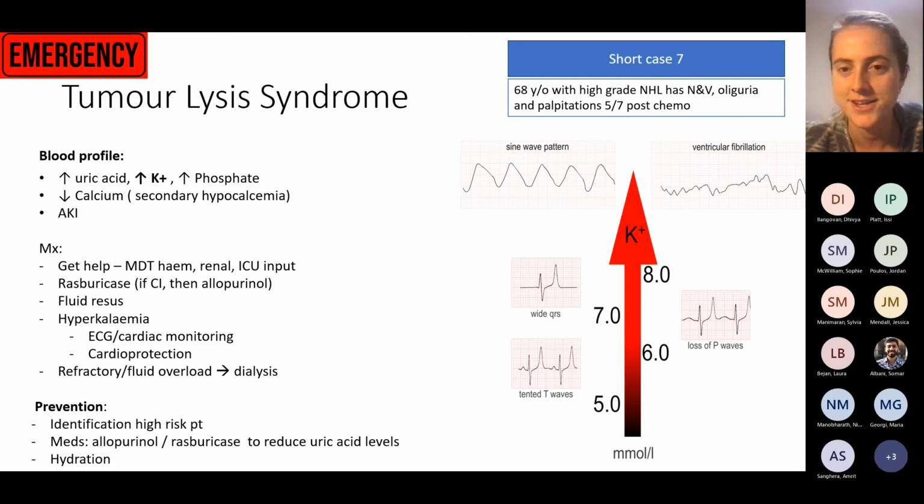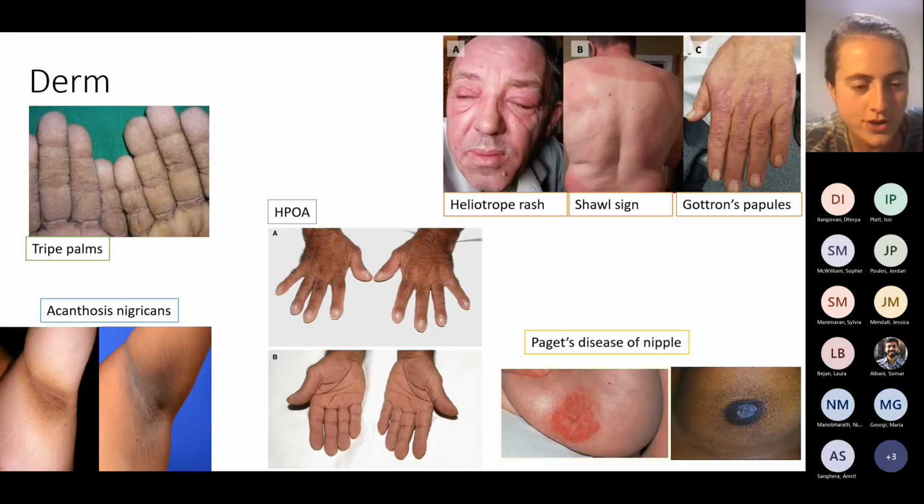Yeah, I knew it. All fine. So that's just to remind you of some of the different ECG changes you might see. Yeah, excellent. I'm not going to go through the whole hyperkalemia one because I'm sure you guys are on it.